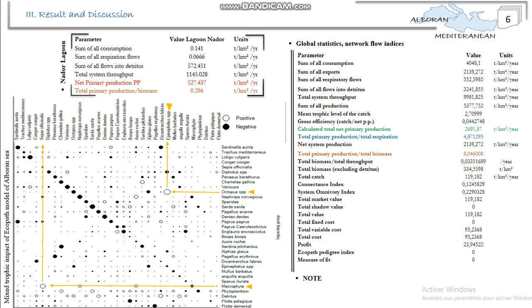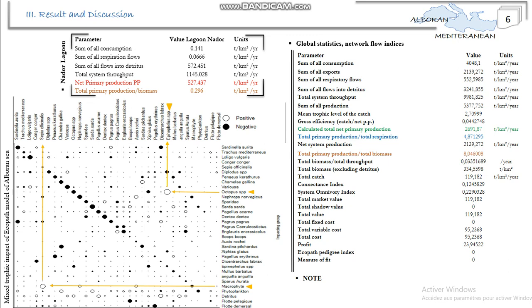In the same logic, we have the mixed trophic impact that shows that our ecosystem is still in a development stage. We don't have a highly negatively impacted group, but we have positive impacts, like the octopus, which is impacted positively by the epiphytes.